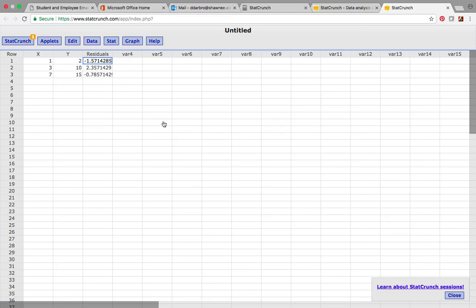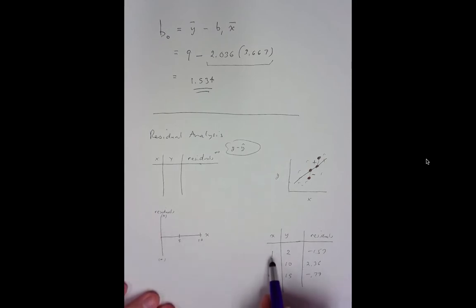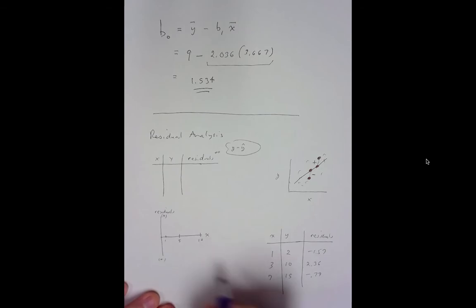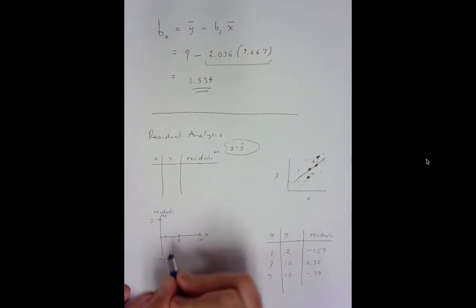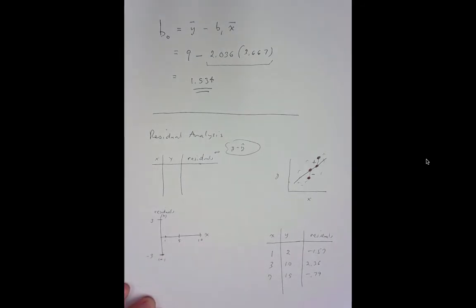All right, let's go back to this. So I've written those down here. The way the residual plot will work is we go to the x value, which is approximately 1, which would be about right there. And let's have these at 3 and negative 3 when we sketch our plot.